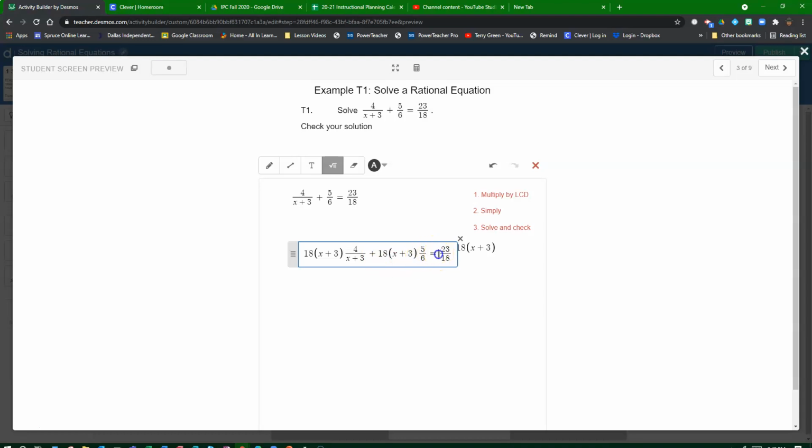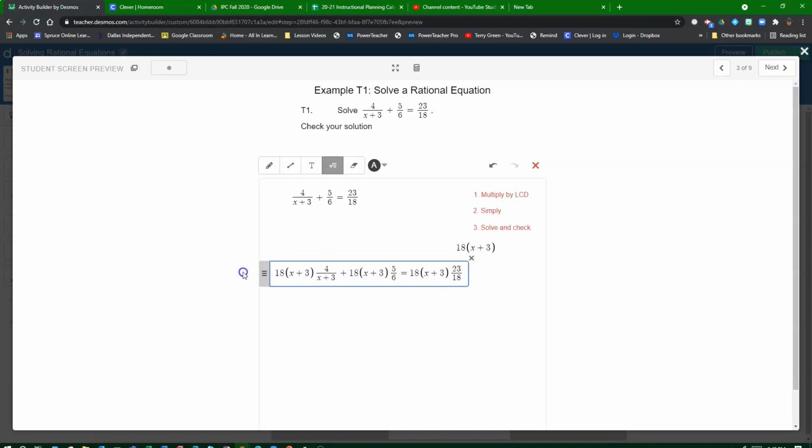I'm going to have to move this around so I have a little more room, and paste it right there. So here I've multiplied the least common denominator times the entire equation, so that I can basically cancel out things.